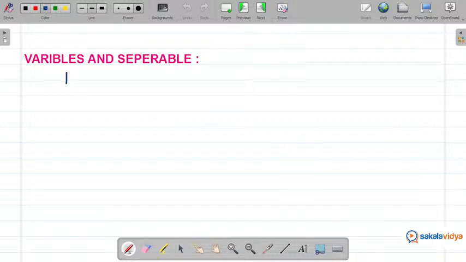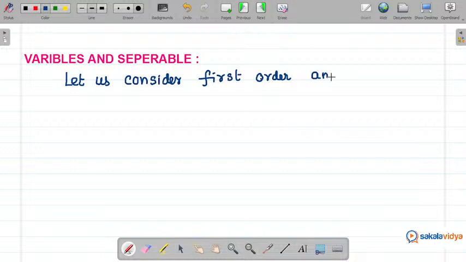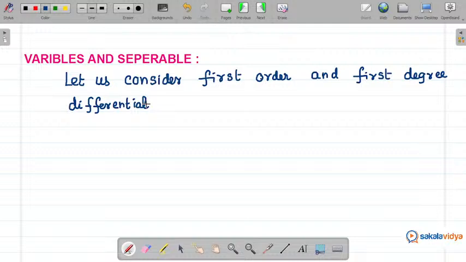First, let us consider a first order and first degree differential equation. We have already studied the definition of the first order first degree differential equation.